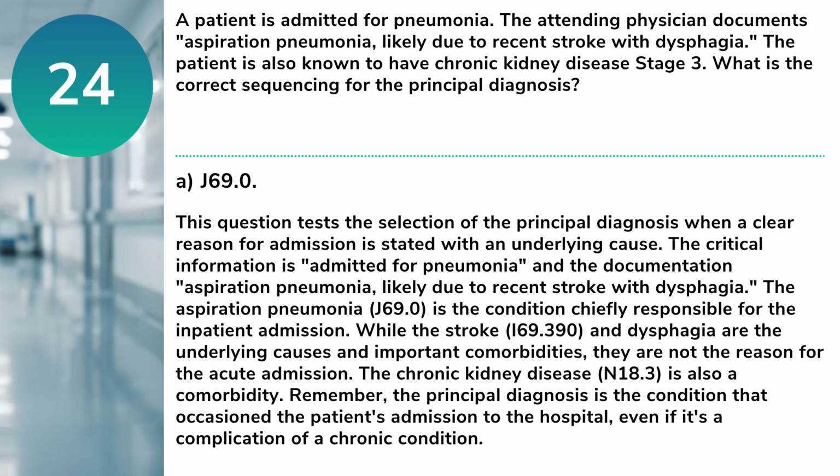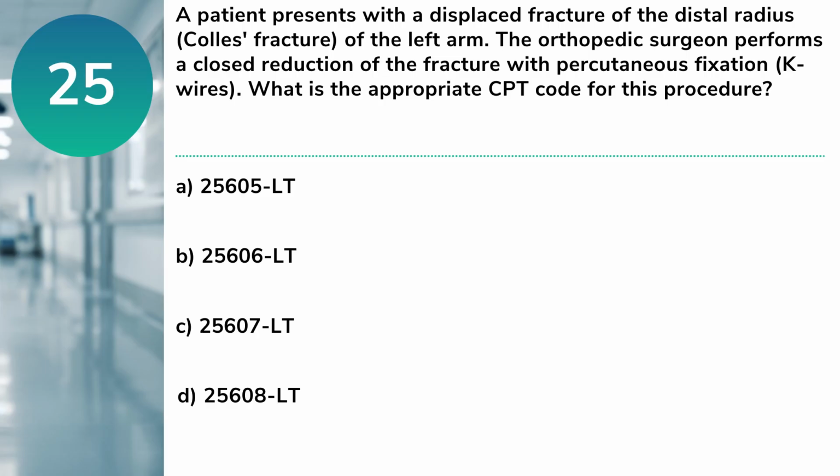While the stroke, I69.390, and dysphagia are the underlying causes and important comorbidities, they are not the reason for the acute admission. The chronic kidney disease, N18.3, is also a comorbidity. Remember, the principal diagnosis is the condition that occasioned the patient's admission to the hospital, even if it's a complication of a chronic condition.